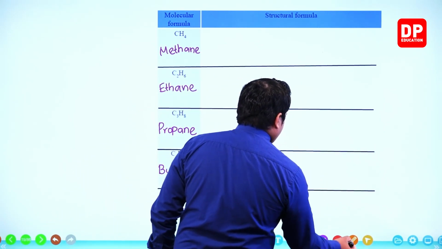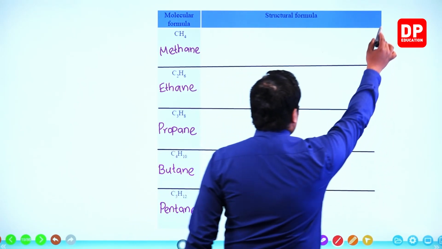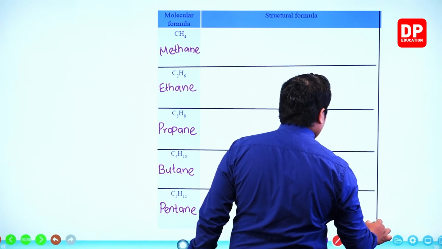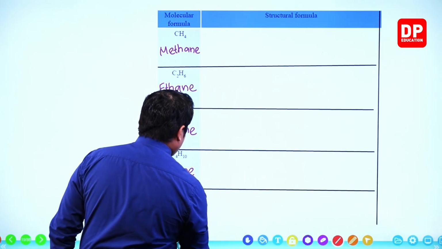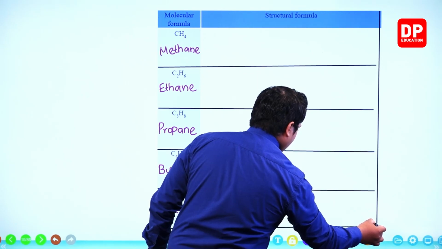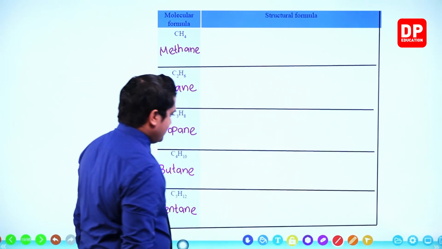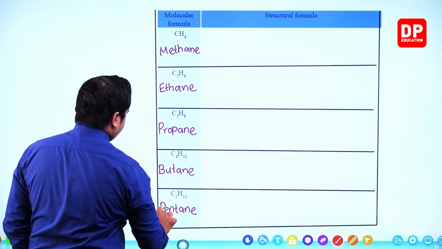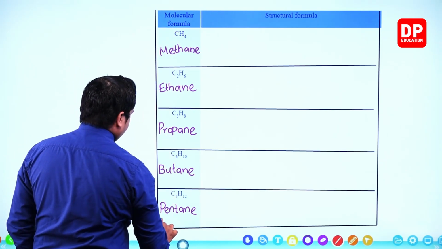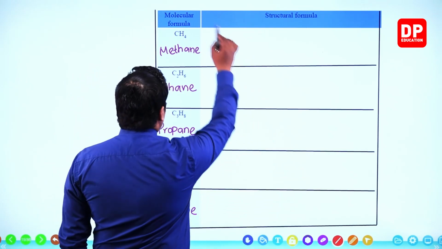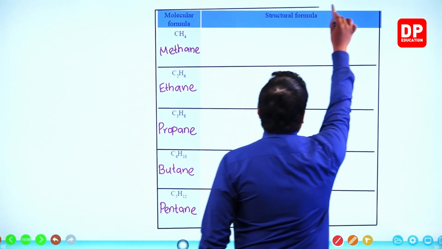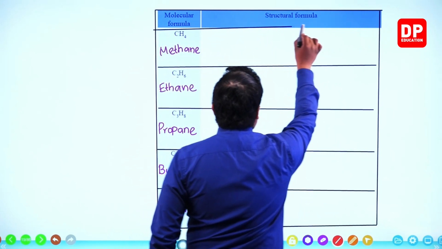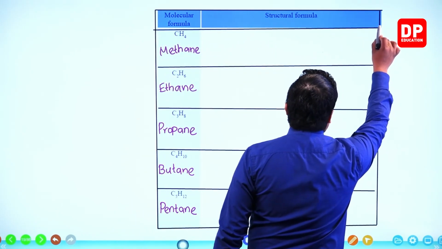Now this is the table, my dear children. So let's divide into sections like this, and we'll separate the table, columns and the rows separately.